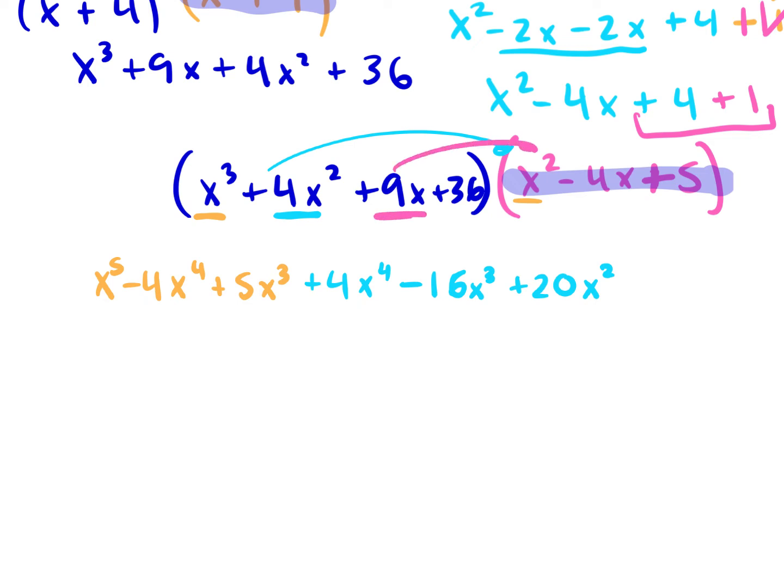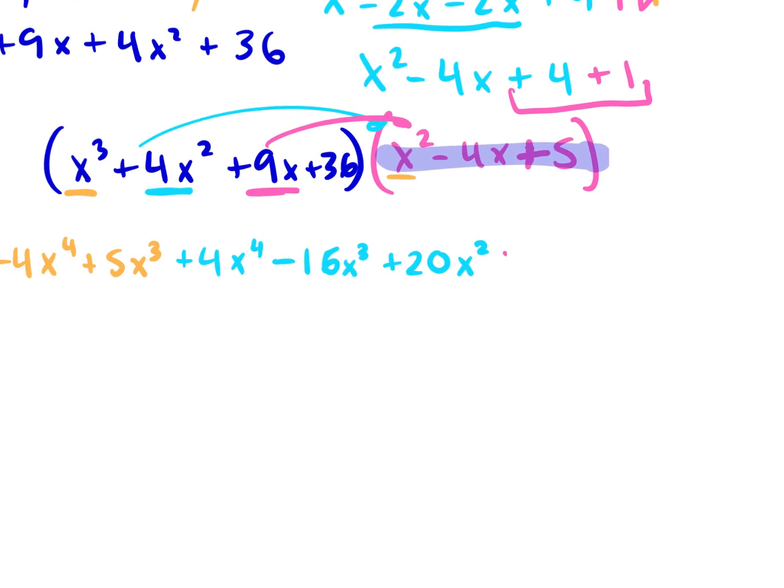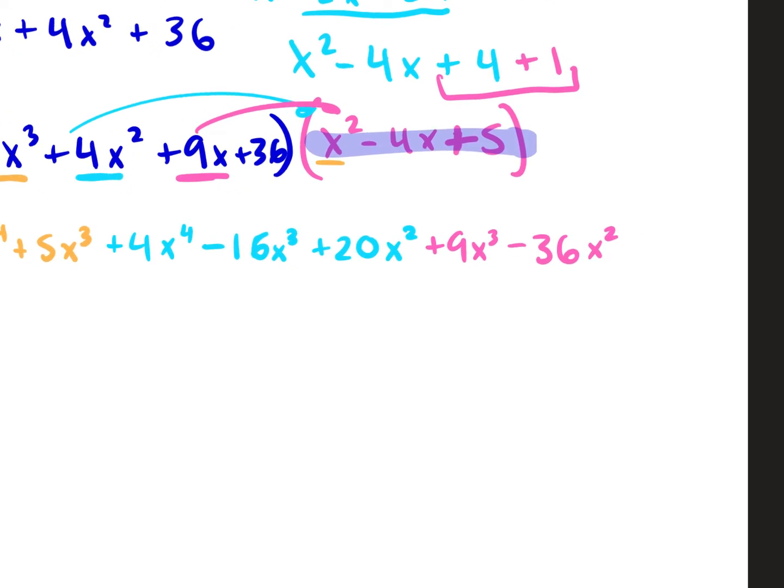So 9x times x squared would be 9x cubed. 9x times negative 4x would be negative 36x squared. And 9x times 5 would be 45x.